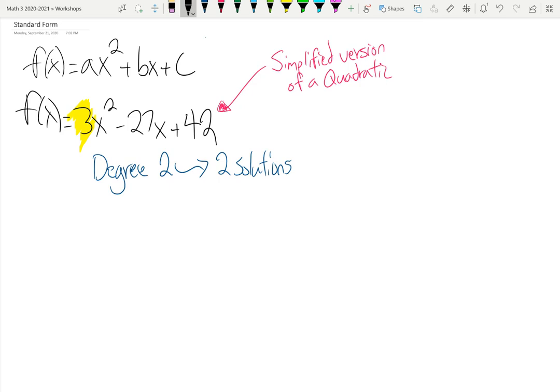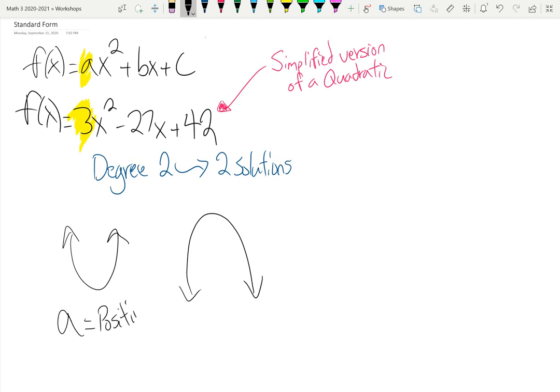Remember, quadratics can take two forms. They can be concave up or they can be concave down. When the a value, when a is 3, it is going to be concave up. So when it is a positive value.